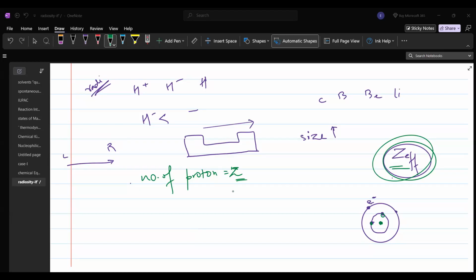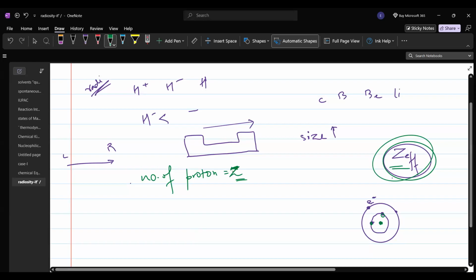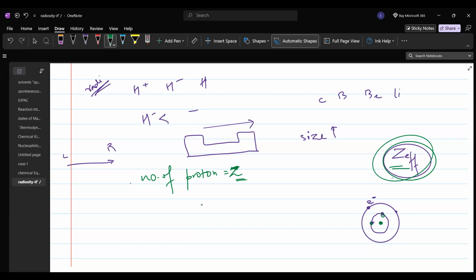So the number of protons is equal to Z, right? Yes, sir. It is denoted by Z. Like Z equal to 1 is hydrogen, Z equal to 2 is helium, Z equal to 3 is lithium. So the pull should be equal to Z, but here the pull is lesser than Z, right?